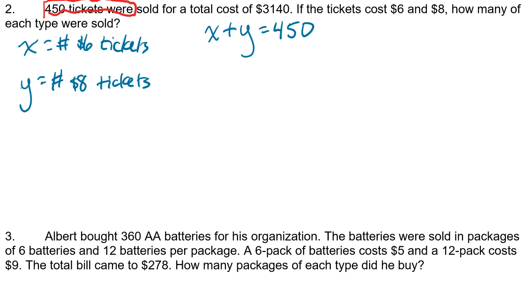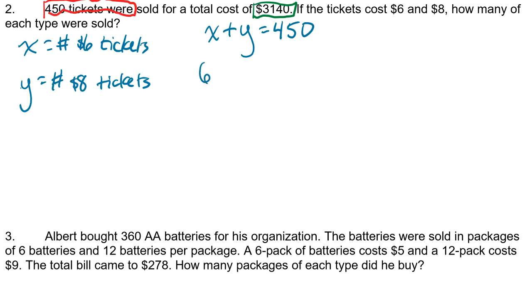Our second equation is we know the total cost was $3,140. Well, how do we find the total cost? Well, we can just add up the number of tickets that were sold times how much that ticket costs, right? So X was the number of $6 tickets sold, right?